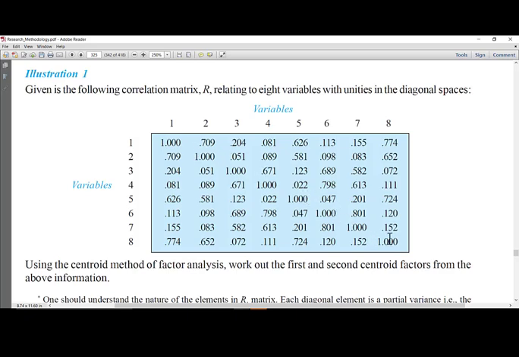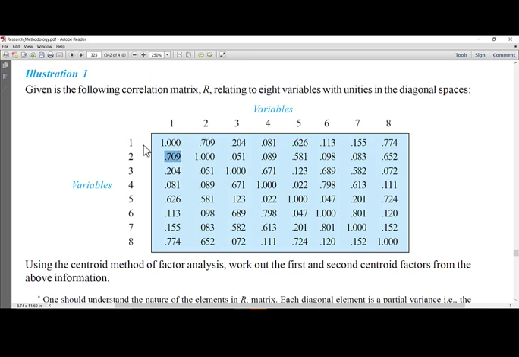You can see along the diagonal unities are there, and these are the correlations. In this problem, there are 8 variables, and the correlation between 1 and 1 is 1 only. And the correlation between 1 and 2 is given as 0.709. You can observe that the correlation between 1 and 2 is 0.709, which means the correlation between 2 and 1 is also 0.709.